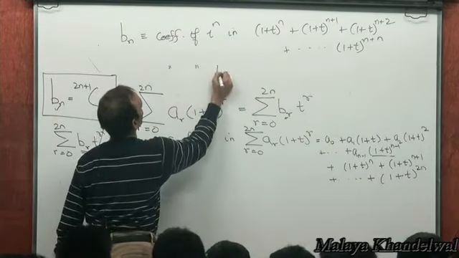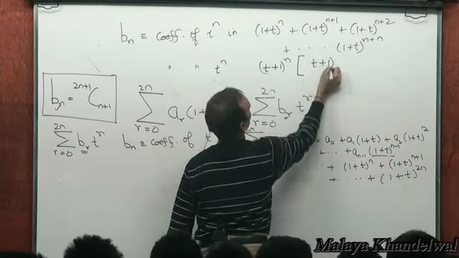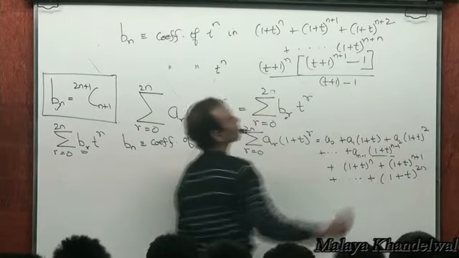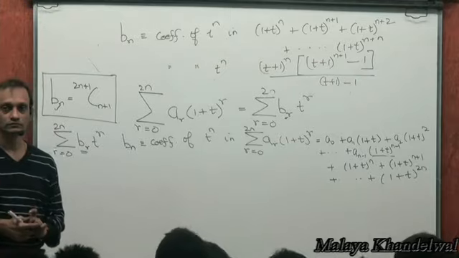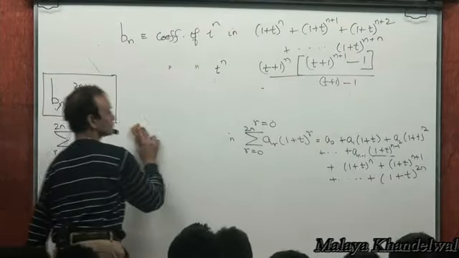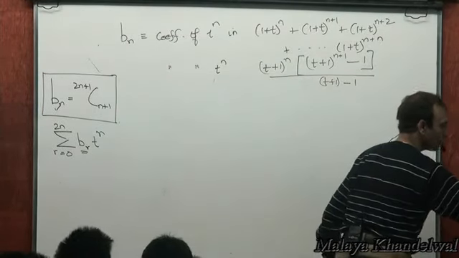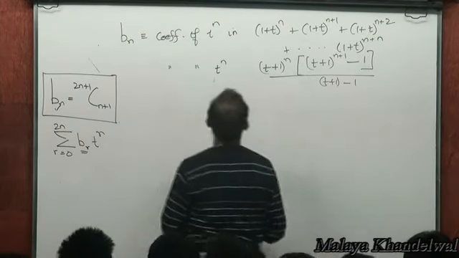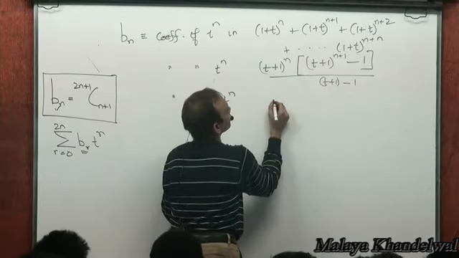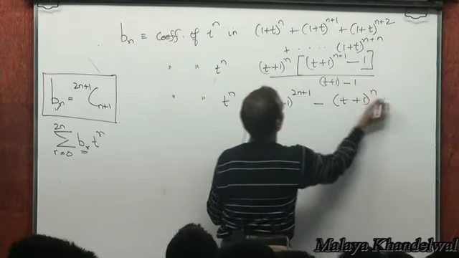So this is the coefficient of t to the power n in this GP series, which is the coefficient of t to the power n in ((t plus 1) to the power 2n plus 1 minus (t plus 1) to the power n) divided by t.